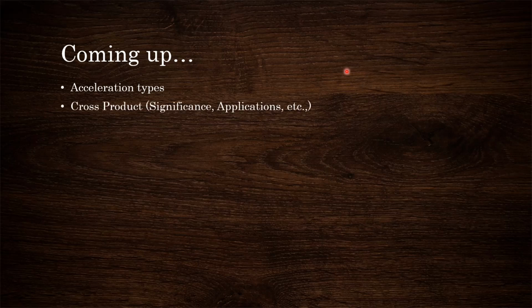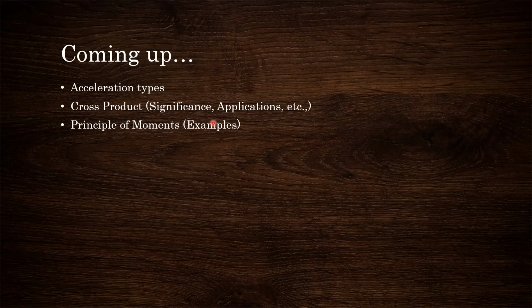We will be seeing a lot more in future episodes. We will see acceleration types. Differentiating the velocity vector, which already has two terms, we will get different types of acceleration. We will also learn about cross products, their significance especially in vectors, and their applications.